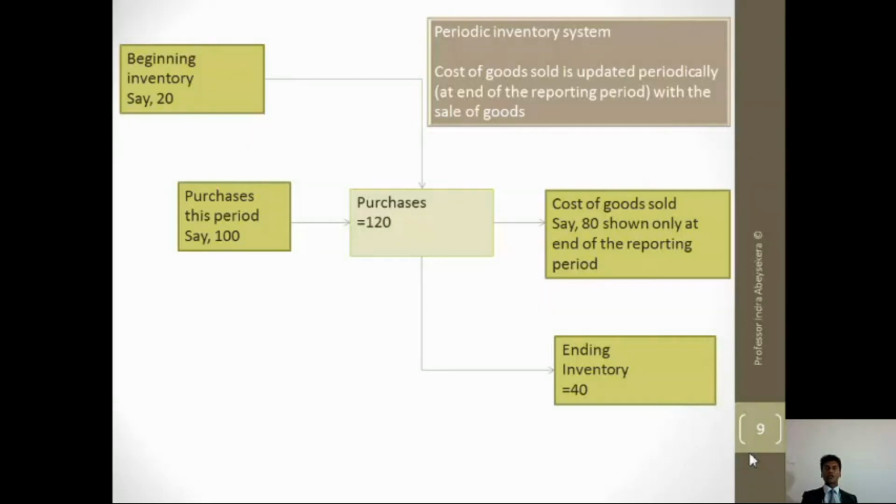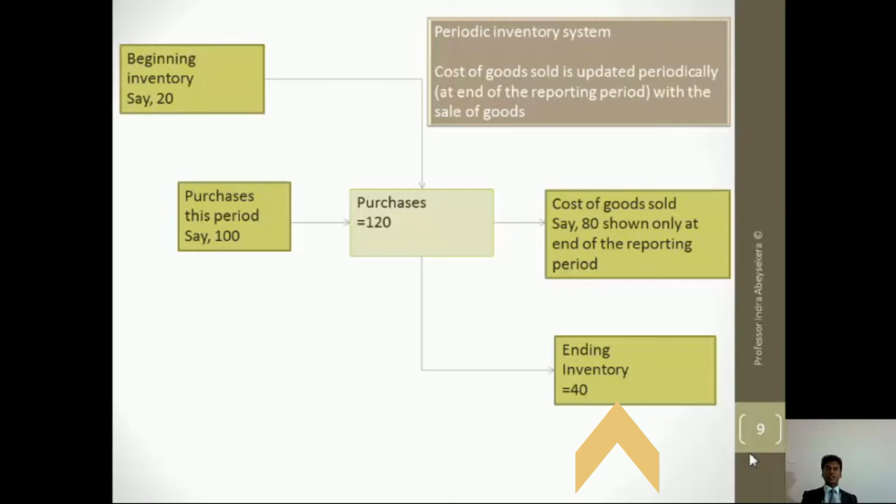So during the reporting period, some of these goods were sold, let's say $80, and the remaining inventory, remaining amount becomes 120 minus 80 becomes 40.